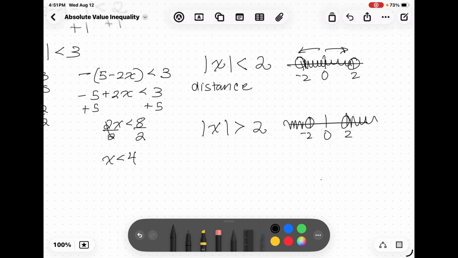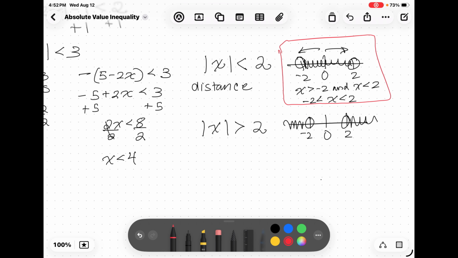Something about this is that I could convert it to, well, x is greater than -2 and x is less than 2. And then that would be combined into a single sentence like this. All right, so all of that goes together.